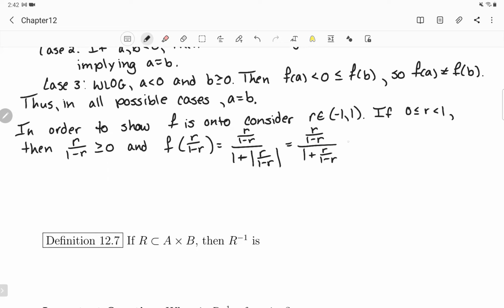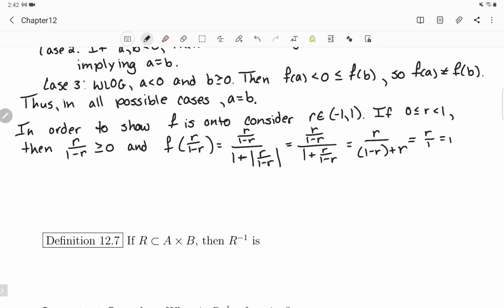Let's multiply top and bottom by 1 minus R to get R over 1 minus R plus R. Everybody with me there? Just multiplied numerator and denominator by 1 minus R. But what does that simplify to? R over 1, which is R.